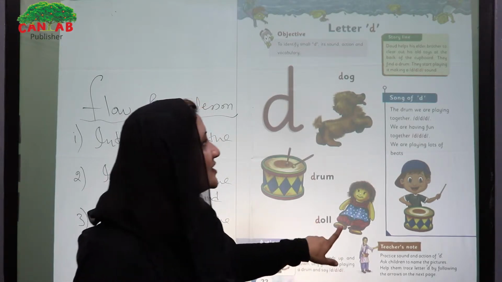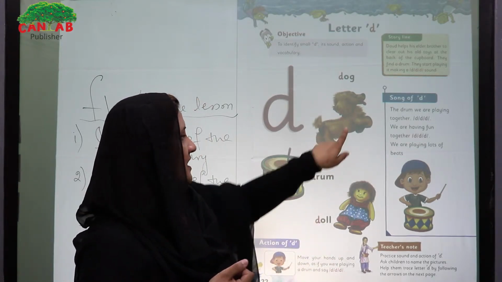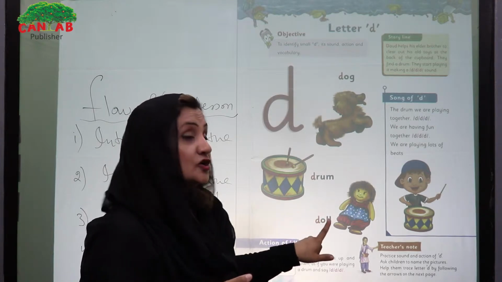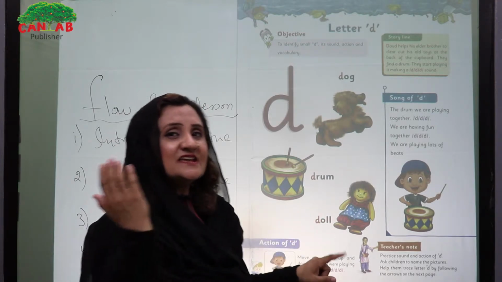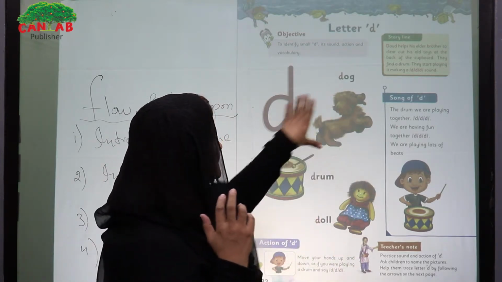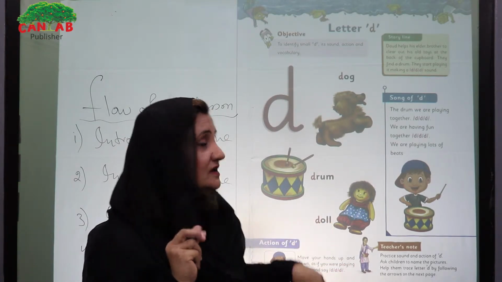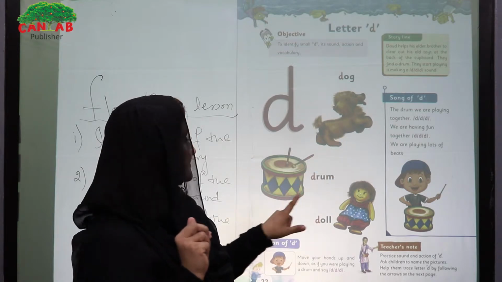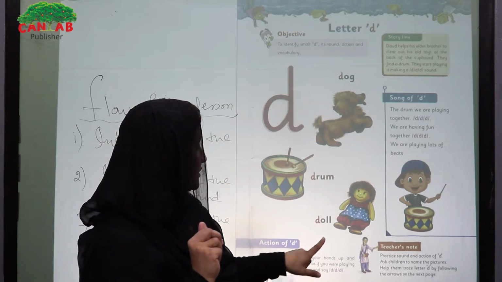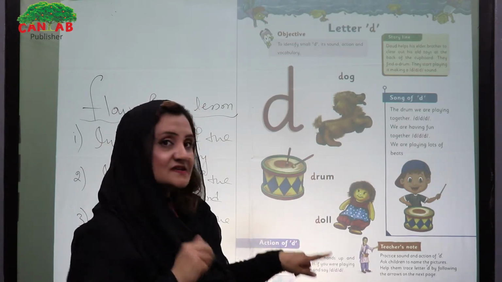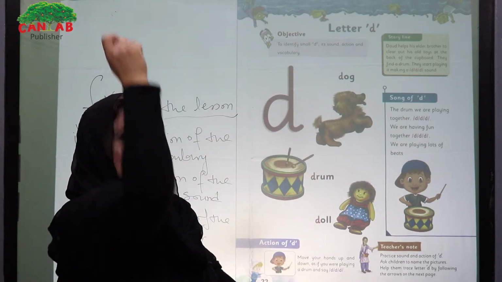This is a doll. Dog, drum, doll. Students, listen carefully. All these objects have a similar beginning sound. Dog, drum, doll. And this is duh.